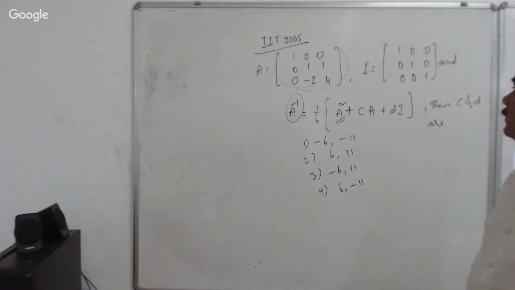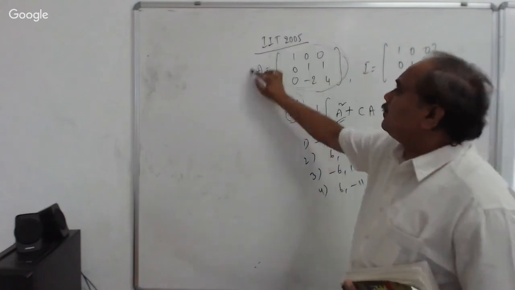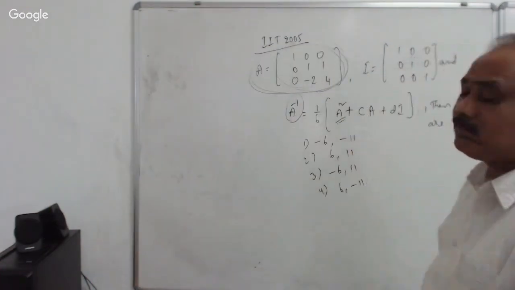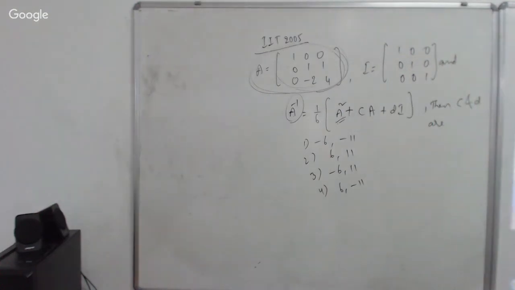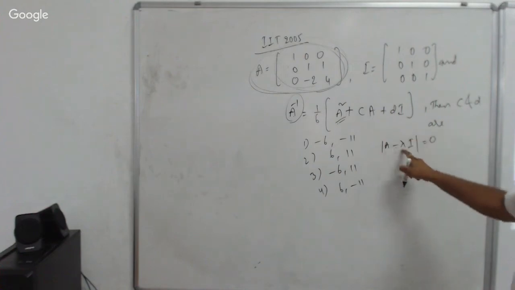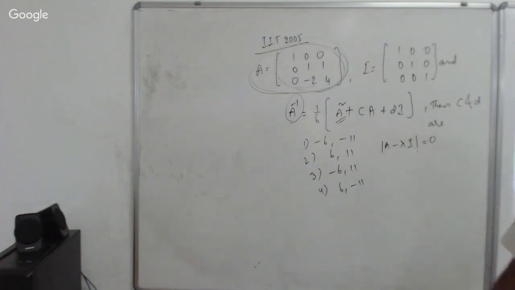Now here, for the square matrix A, find the characteristic equation. The characteristic equation is determinant of A minus lambda I equal to 0.